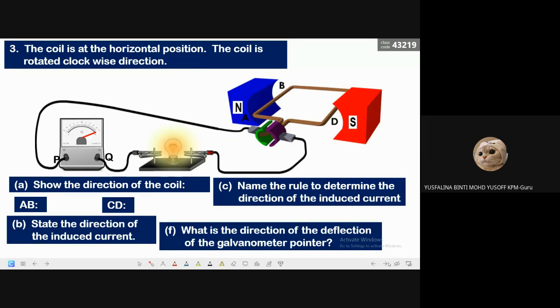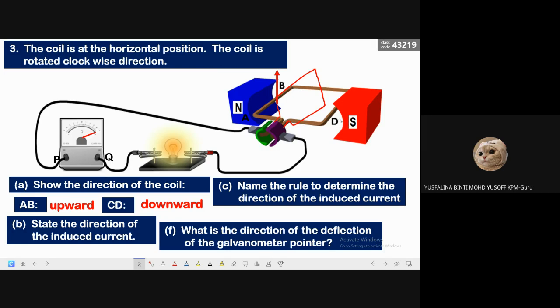Now in the horizontal position, which we just discussed, what happens when the coil is like this? There is no magnetic field cut at that point, because no magnetic lines flow through the coil there.